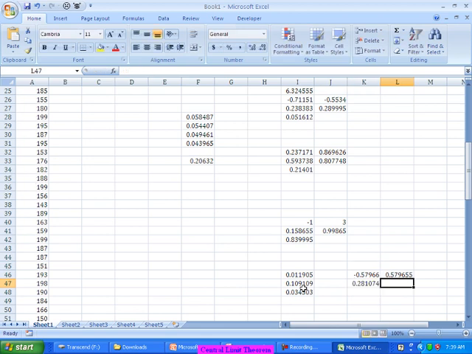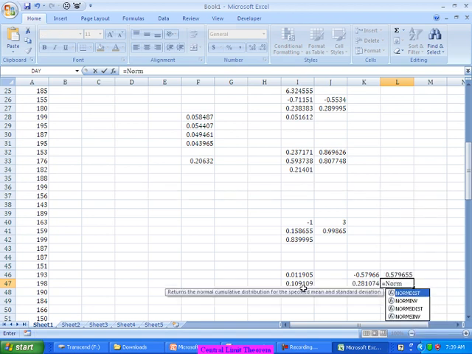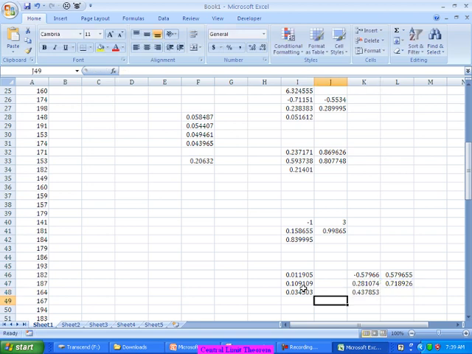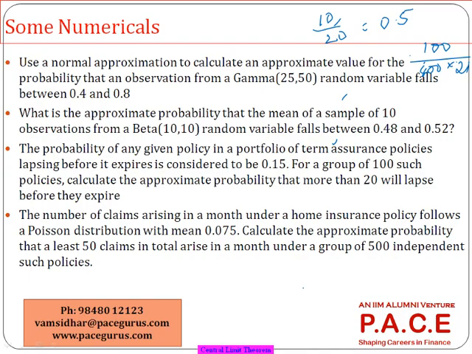The area is 0.28 here, less than this much. And if I want less than 0.52, again I will get it as around 71%. So if I want to find between these two, I'll take this minus this. So there is a 43.78% chance that the sample mean for this beta distribution falls between 0.48 and 0.52.